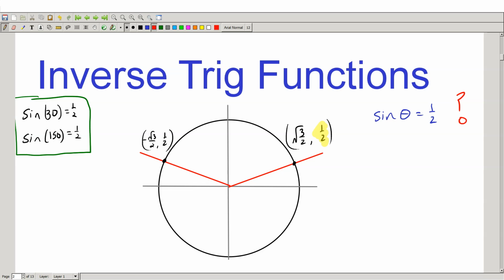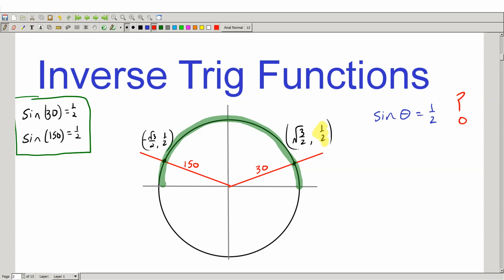So we would start to look at the unit circle, and go around the points, and do a kind of reverse lookup. We'd be looking at the unit circle and saying, where are my y values 1/2? Well, I can see one at 30 degrees, and there's another one at 150 degrees. So there's sort of a dilemma there. Is the answer 30 degrees, or is it 150? What do I plug in there for theta? Well, the answer is really, both of them would make that equation true.